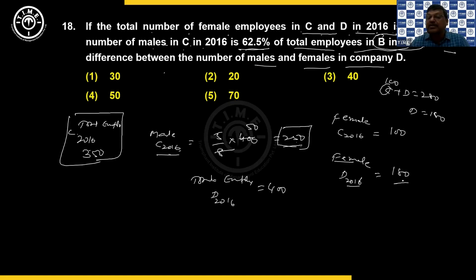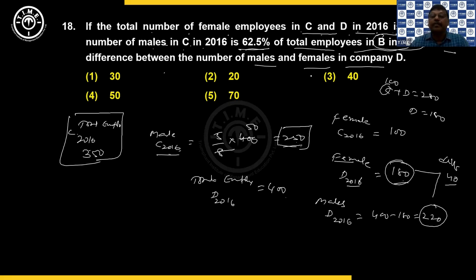Female employees of D is 180, means what is male employees of D? Males in 2016 will be 400 minus 180, it is 220. Males are 220, females are 180, means what is the difference between them, students? 40. My answer is 40.